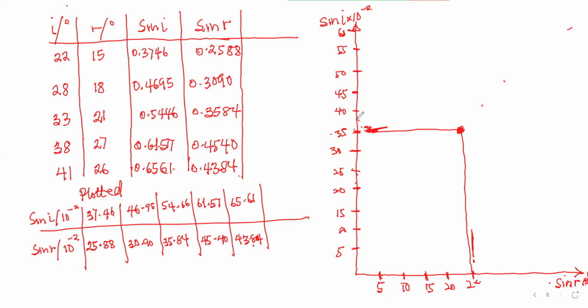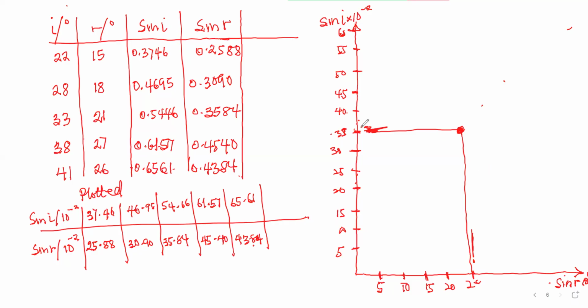For 37, we have 10 divisions between every 2 centimeters, right? If we have 10 divisions, then the interval between 35 and 40 is 5, which means every 2 divisions will be 1.